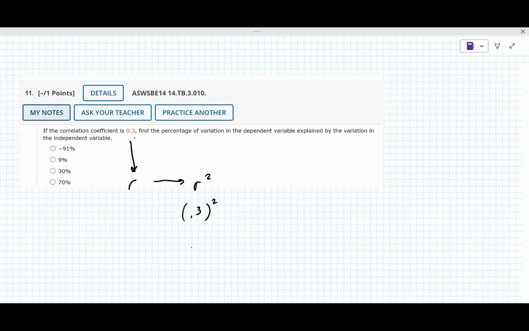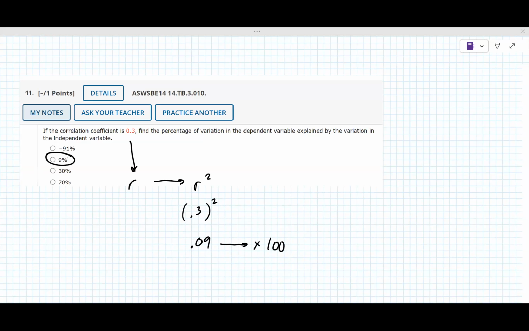Yes. Okay, so 0.09. So to go to a percentage, you have to multiply by 100. So 0.09 times 100 is 9%. Good. Yeah, so hopefully you're seeing that. It's easy to give the wrong answer, even though you know how to do the work.